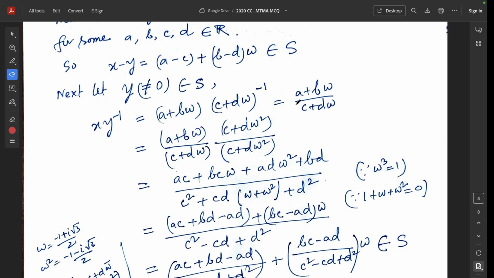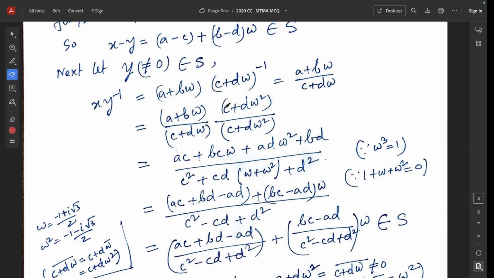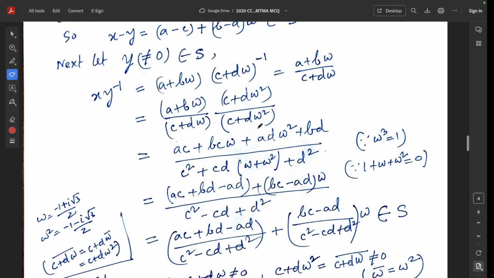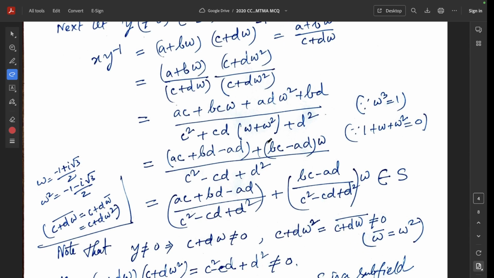That is (A plus B omega) by (C plus D omega), multiply numerator and denominator by C plus D omega squared. And after simplification, we get this. Here we use the results omega cubed equals 1 and 1 plus omega plus omega squared equals 0.